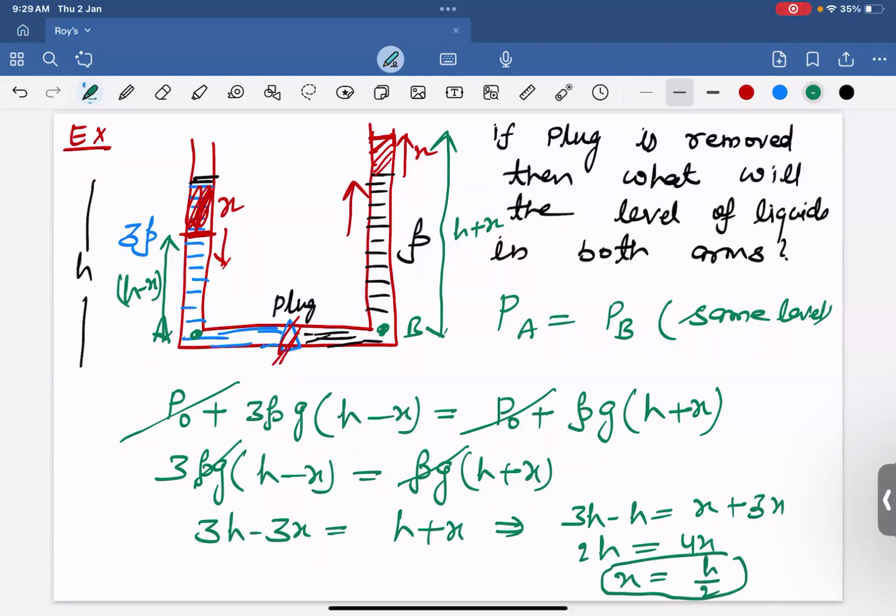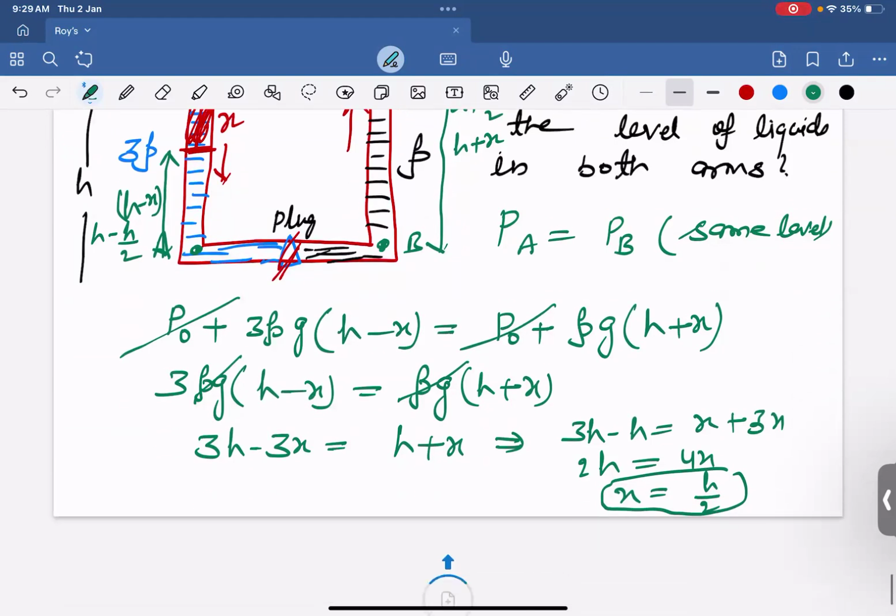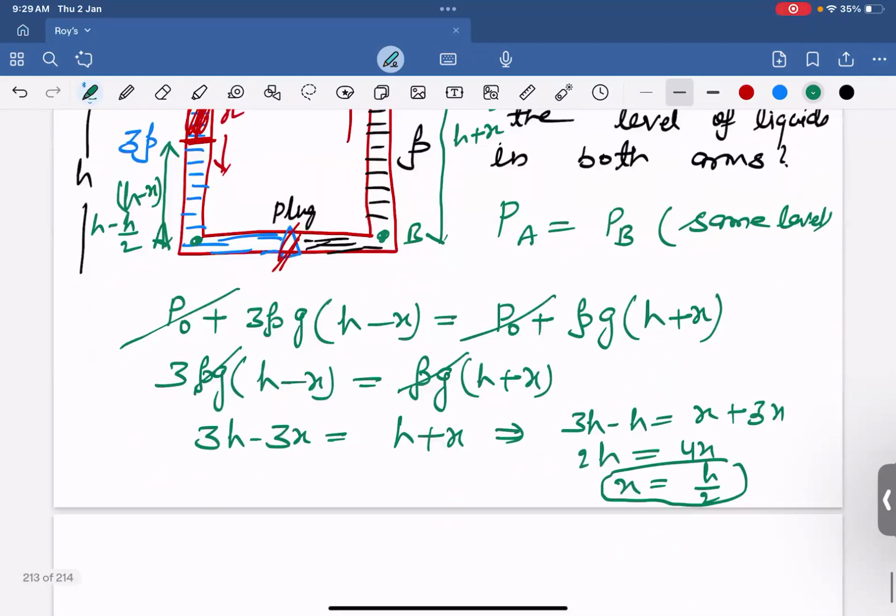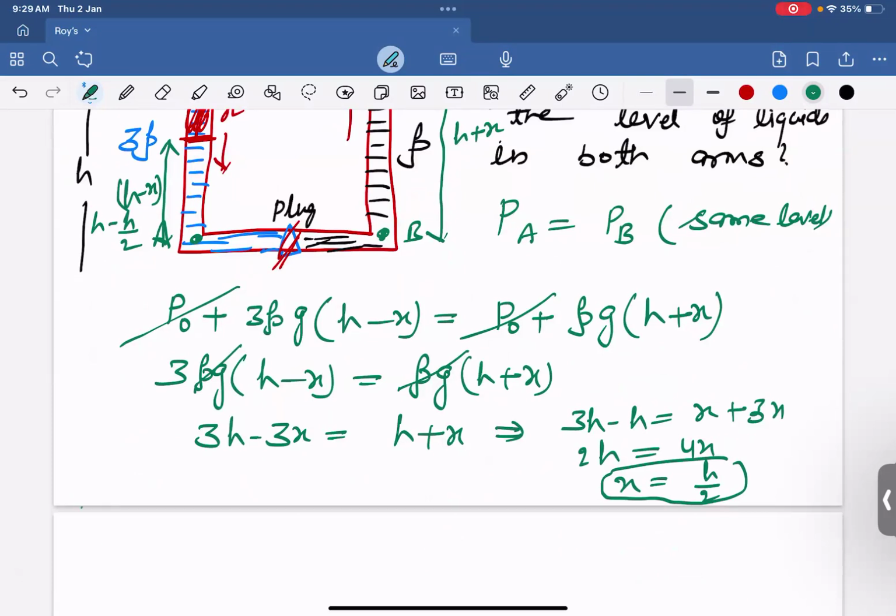That means on this side, the left arm, it will be H minus H by 2. And on the right side, H plus X actually becomes H plus H by 2. So I can write that the level in the left arm is equal to H minus H by 2, that is H by 2 itself.